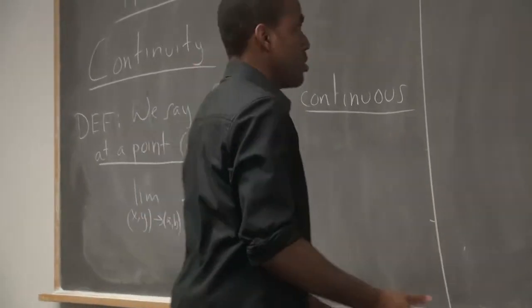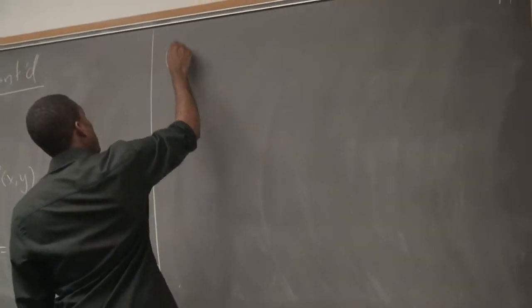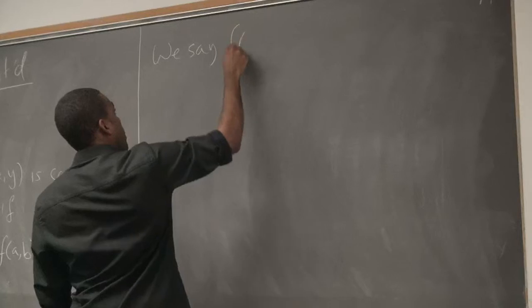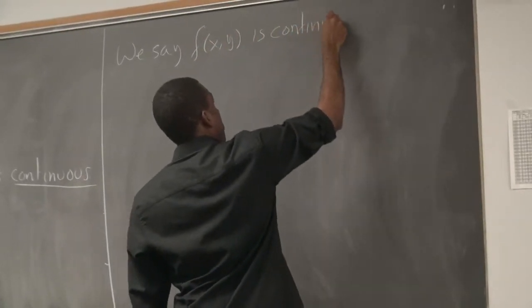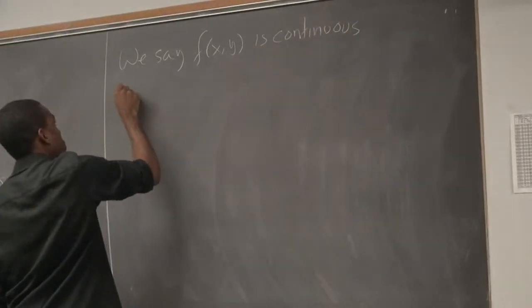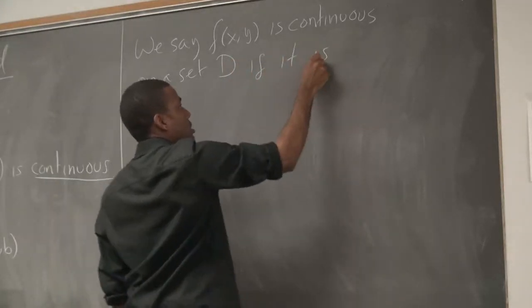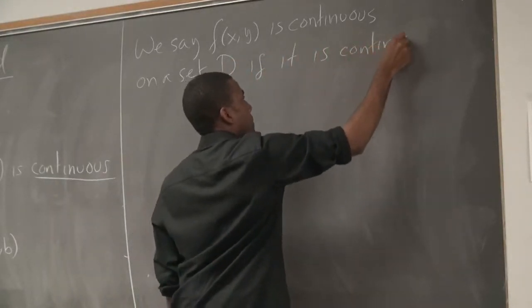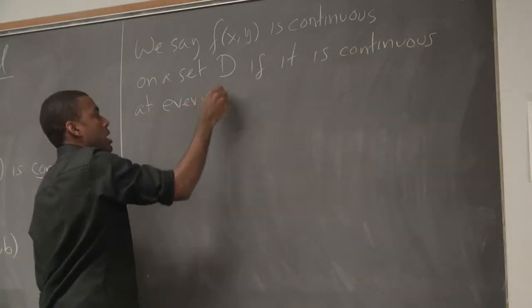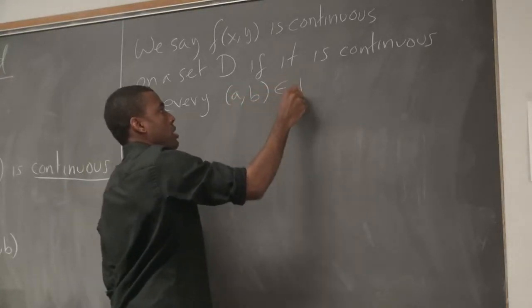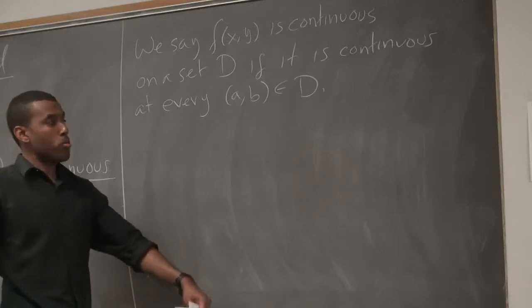And we say a function is continuous if it's continuous at all points in its domain, and a similar definition holds here. We say f(x,y) is continuous on a set P if it is continuous at every point in P. So if you call a function continuous, it means it's continuous at all points in its domain.